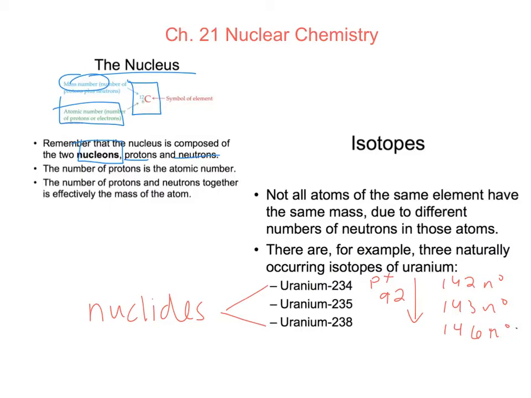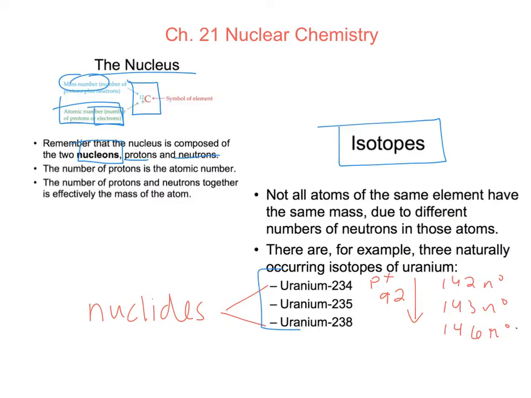And sometimes down here in the bottom left, you have the number of electrons represented there too, and we'll talk about that in just a moment. Now, not all atoms of the same element have the same mass, and that's due to having a different number of neutrons, and we call those atoms isotopes.